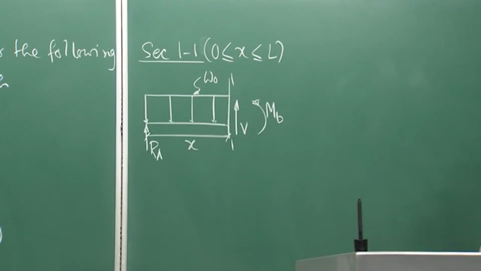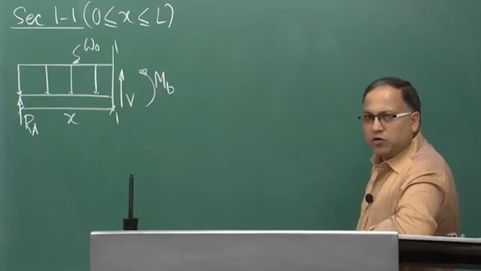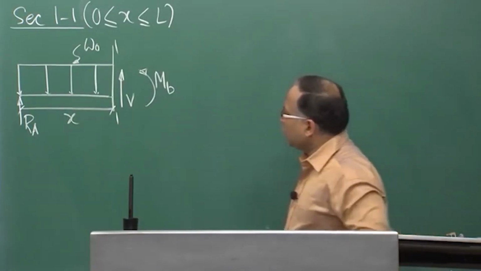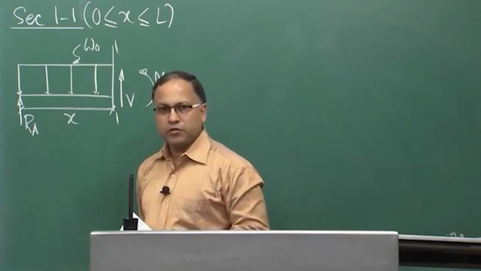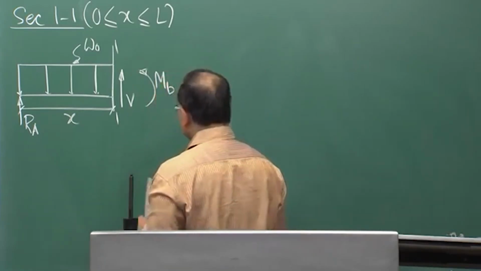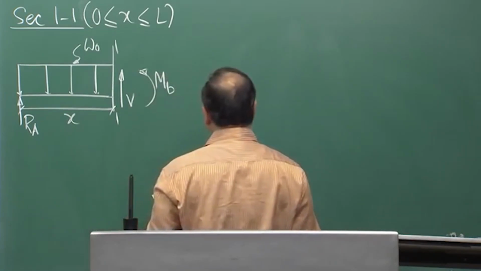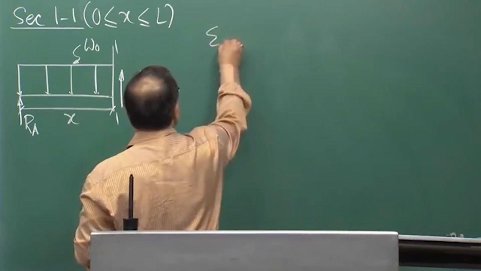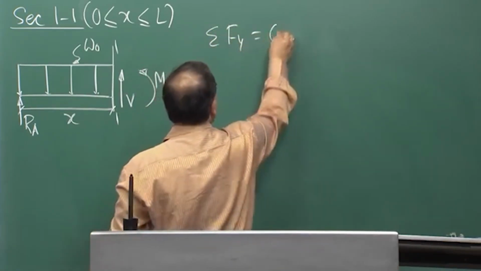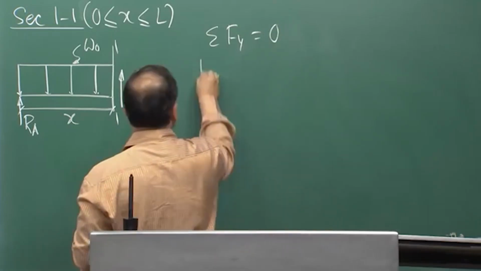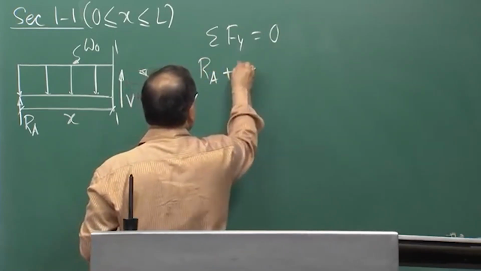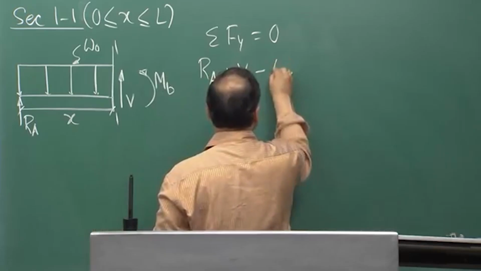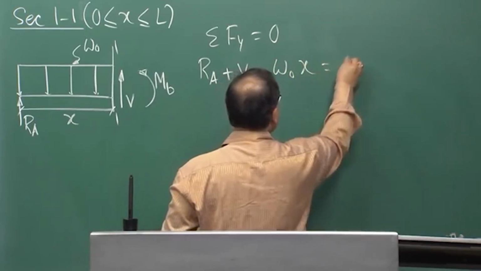Now, to find the shear force and bending moment, we satisfy the equations of equilibrium. The first one is summation of Fy equal to 0. So I can write RA plus V minus W naught into x equal to 0.